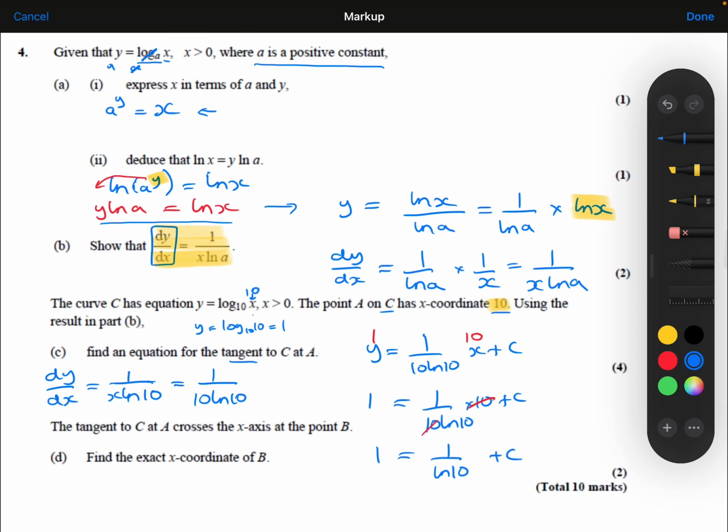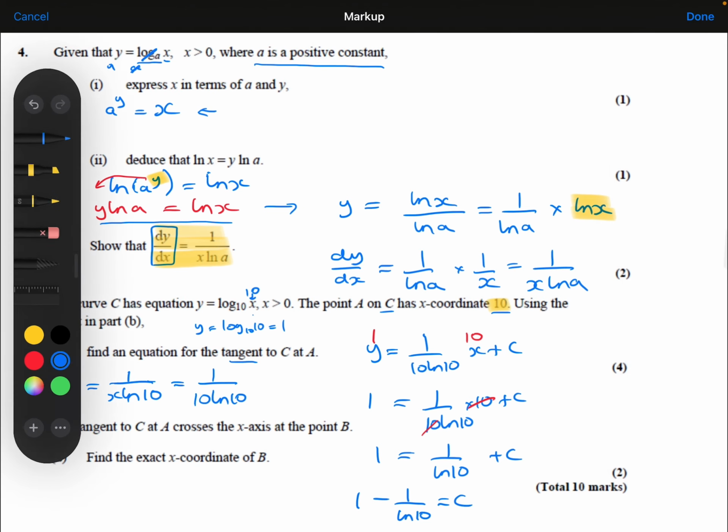I'm now going to take the 1 over ln 10 away from both sides to get the c. So I can now say that the equation of my tangent is y equals mx plus c. And that is the equation of my tangent when x is 10.